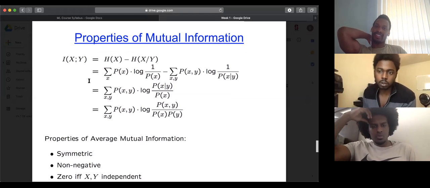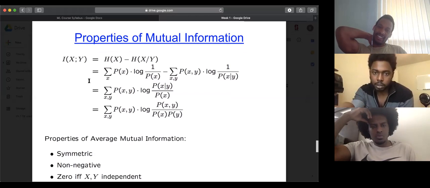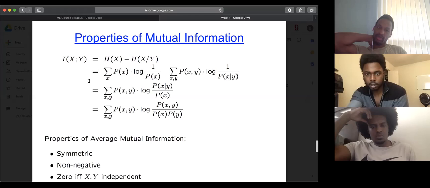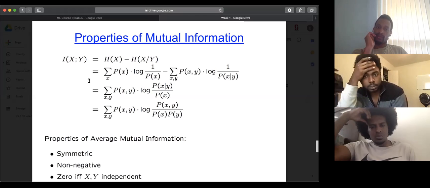If you take the minus and throw it into the right side, so it's a plus, and then you use the log rule. But what about the p of y and p of x and p of x y? I think I can see the logs.